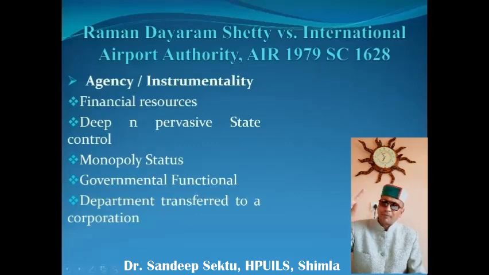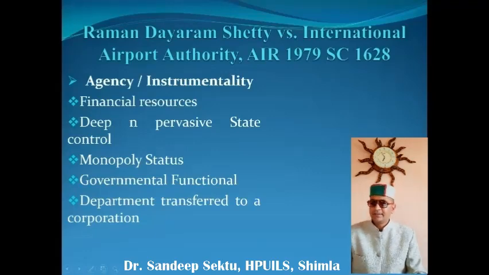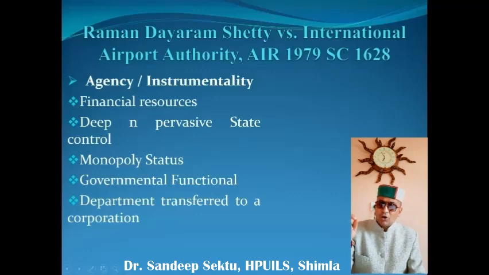The money should flow from the government itself, the state itself. Then, secondly, existence of deep and pervasive state control. If the state will do this, it will be doing that, right? If it is following the orders of the state, that means there is some control of the state. If the control is deep and pervasive, then it is state.